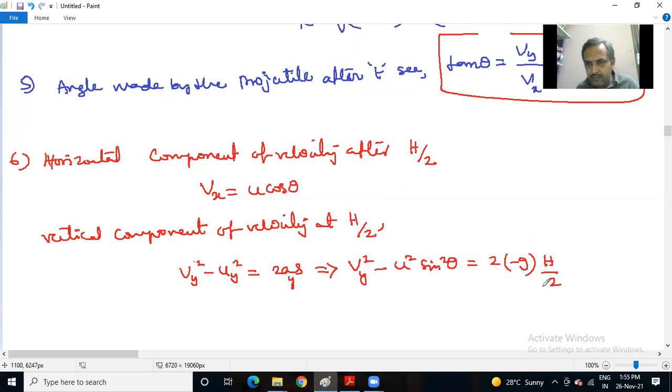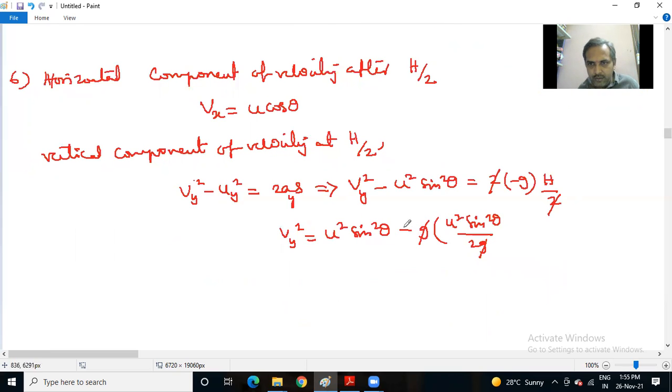It is h by 2. So first we'll get this one cancelled. Then Vy square is equal to u square sin square theta minus h max. What is h max? u square sin square theta by 2g. So this g and g get cancelled.